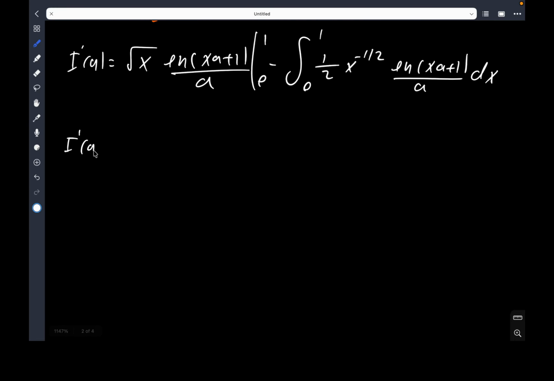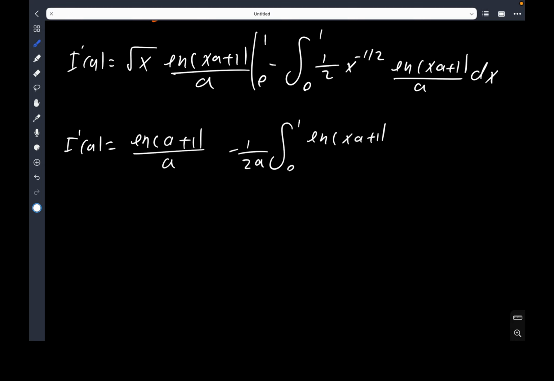I prime of a, if I do the limits here, is going to be ln of a plus 1 over a minus 1 over 2a, the integral of ln of xa plus 1 over root x dx.